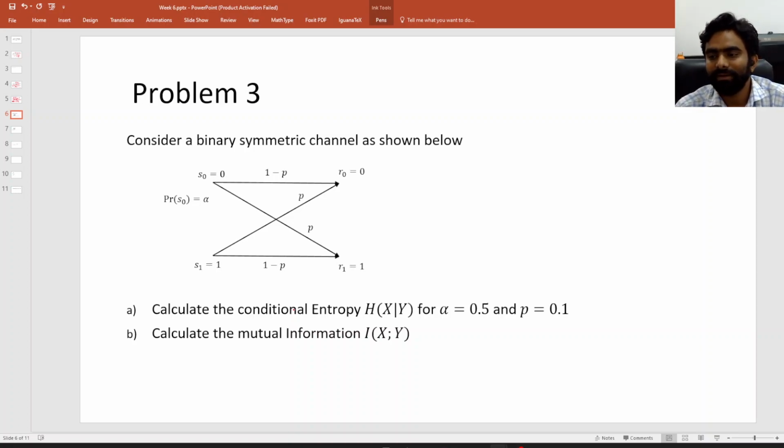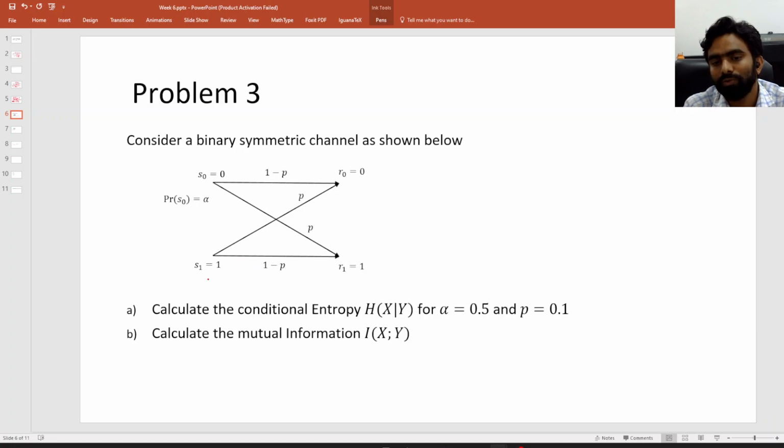Now consider a binary symmetric channel as shown below. This binary symmetric channel has some probabilities. I hope you have already gone through the binary symmetric channel, BSC. Some probabilities are given, and we have also seen this in the video lectures.